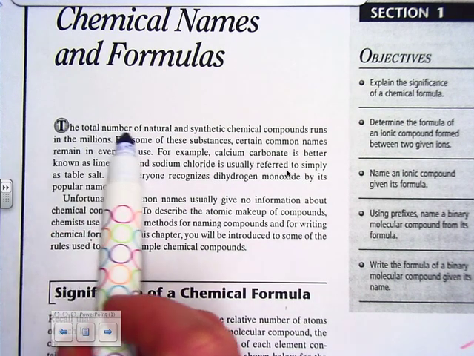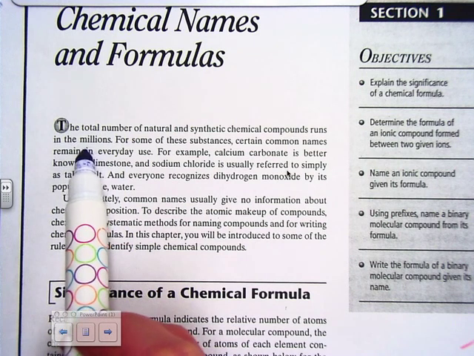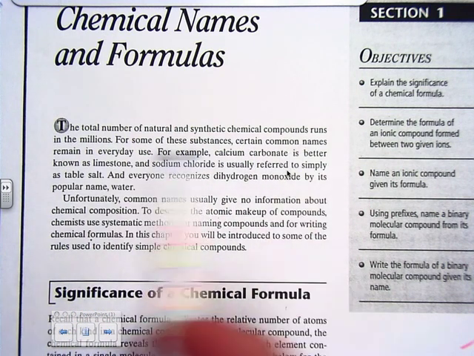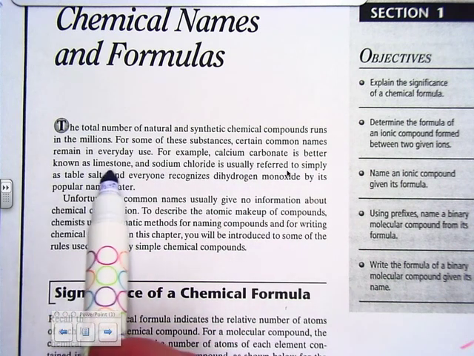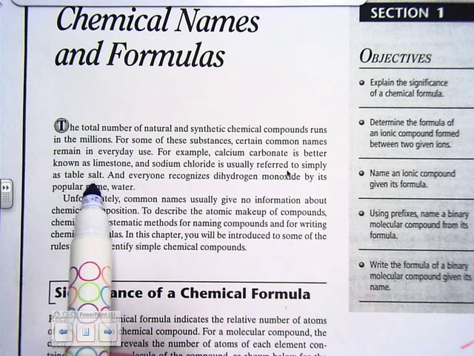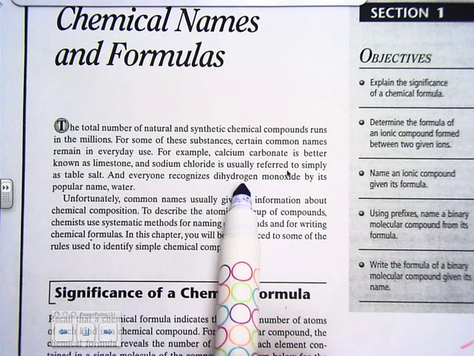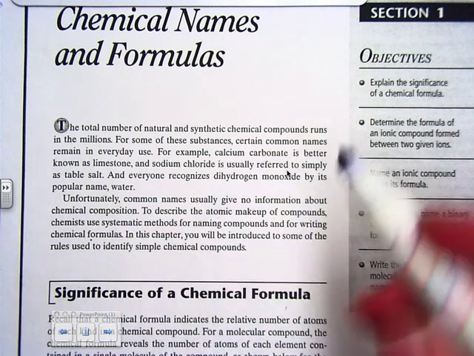The total number of natural and synthetic chemical compounds run in the millions. For some of these substances, certain common names remain in everyday use. For example, calcium carbonate is better known as limestone, and sodium chloride is usually referred to simply as table salt. As everyone recognizes, dihydrogen monoxide is by the popular name water. What does that mean?